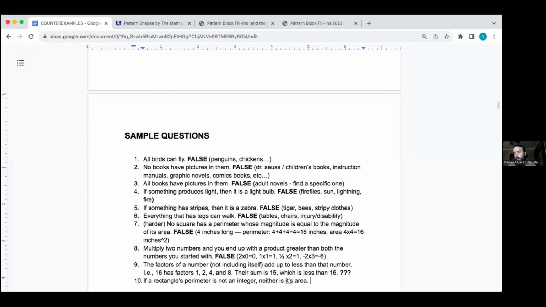A single example is enough, for which the perimeter is not an integer, but for which the area is an integer. Let's say everything is in inches. Doesn't really matter. Any suggestions?